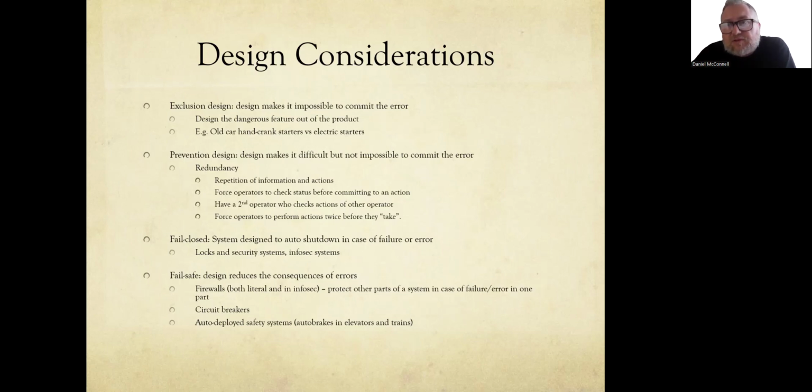Locks work this way too. There are some locks, not all. If you try to pick a lock, there are some attempts at pick resistance that are designed to make the lock break itself, right? So when you try to pick a lock, if you don't know what you're doing, at least with these kinds of locks, the lock is designed to essentially break.